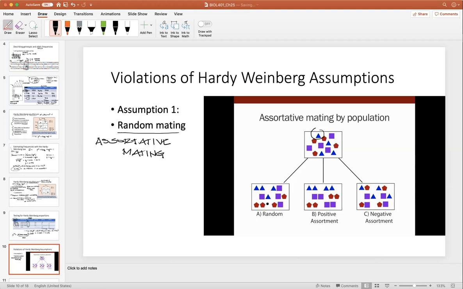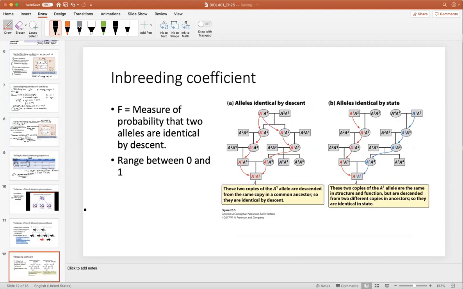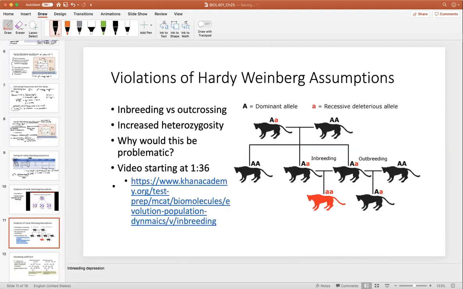Now, another way that we can violate random mating that we see often in nature is a special case of non-random mating called inbreeding. You've probably heard of it. The opposite of inbreeding would be outcrossing, right? If you're inbreeding, then you have individuals that are genetically related to one another having offspring. Outcrossing is when you have individuals that are not related to one another having offspring.